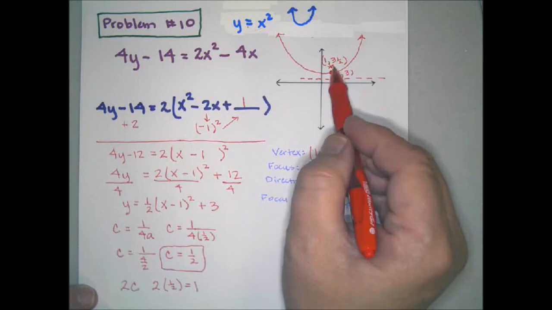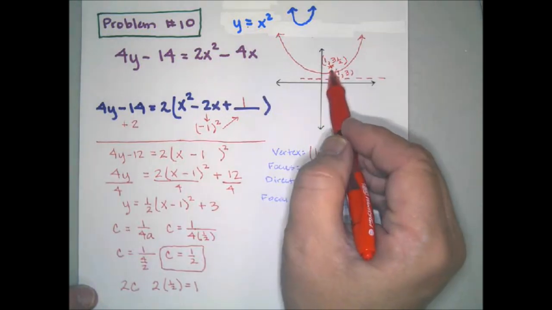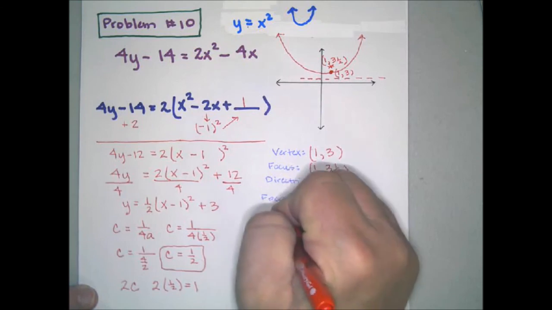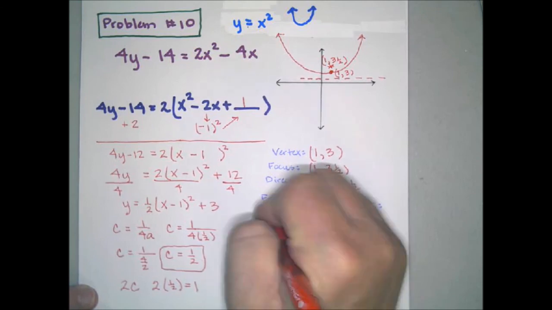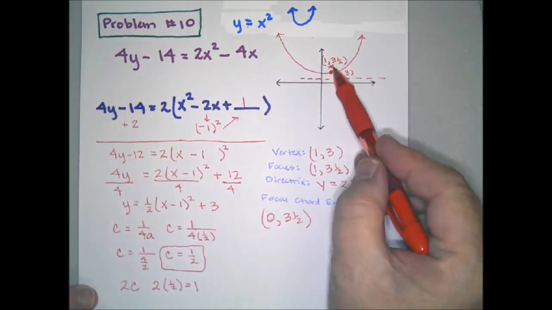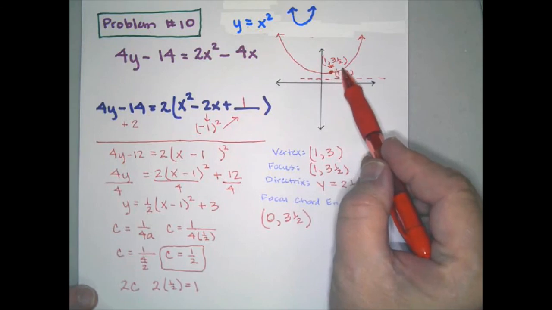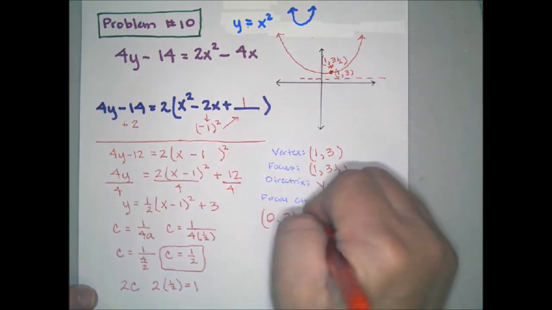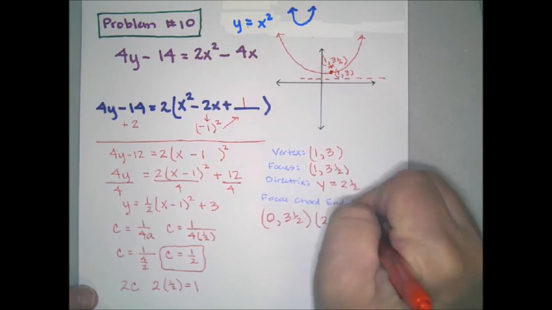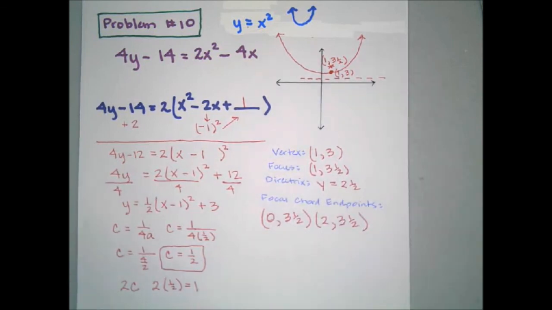So if I go one step to the left, I'm at 0, 3.5. Let's set myself back at the focus again. If I go one step to the right, I'm at 2, 3.5. And that's the end of problem 10.